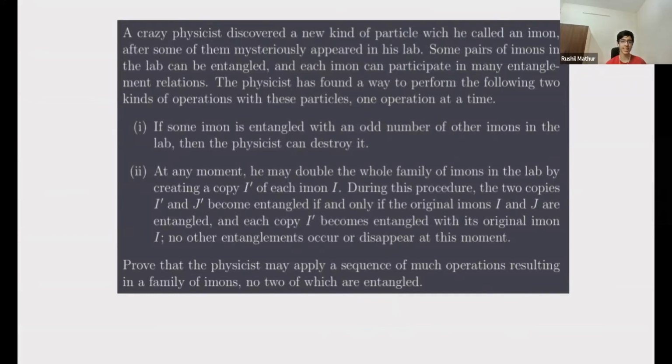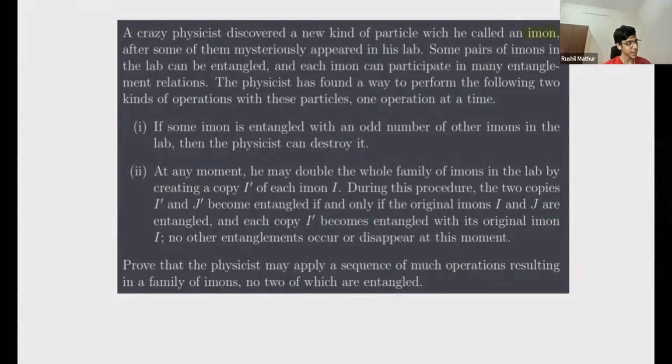Right. Essentially what this problem is saying, okay, let's just read through, even I do not remember this problem perfectly. A crazy physicist discovered a new kind of particle which he called an imine. I don't know what the intended pronunciation is. After some of them mysteriously appeared in his lab.